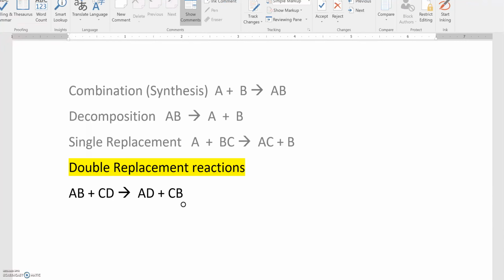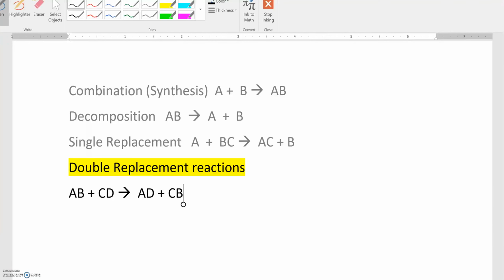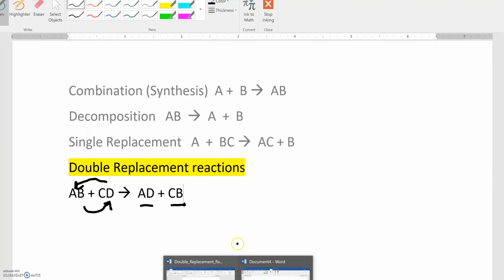So the things that switch in the double replacement reaction are the second components. So this B now goes with the C, and the D goes with the A. So AD and CB. So what does that mean when you're talking about actual chemical reactions?